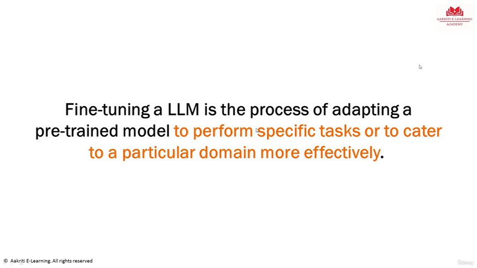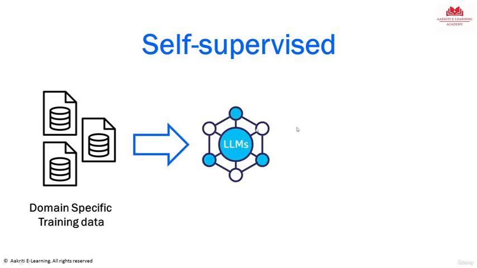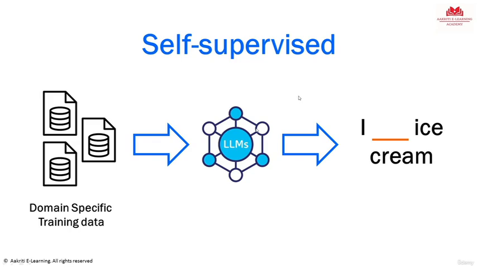So there are three ways to fine-tune a model, and the first one is called self-supervised fine-tuning. What it means is you give your foundation model a big pile of training data that is specific to your domain, and you have the model learn from it. So the model learns to predict missing pieces of data, like when you say I dash ice cream, the model predicts that the missing word is eat.